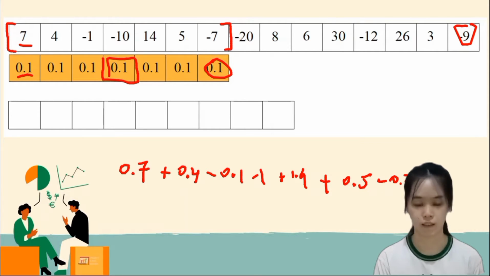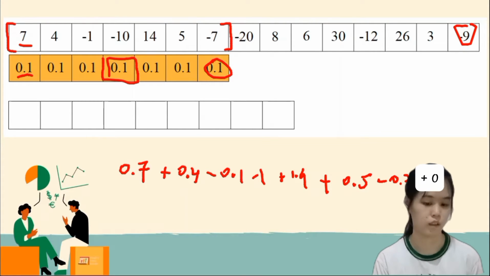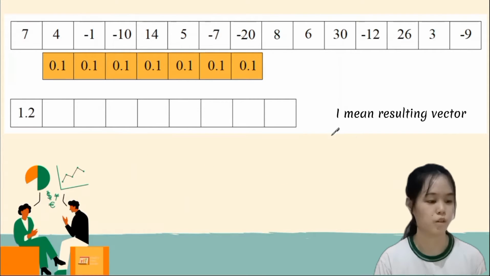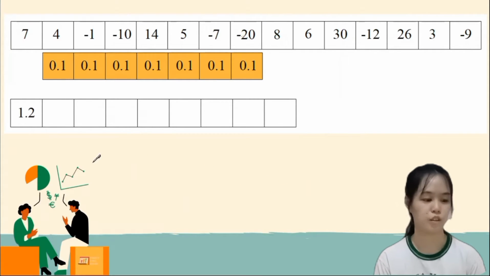Since we have set the bias to be 0, we will add 0 here. The result of this addition will be stored in the first element of the resulting array. I have done the calculation before, and it's 1.2.